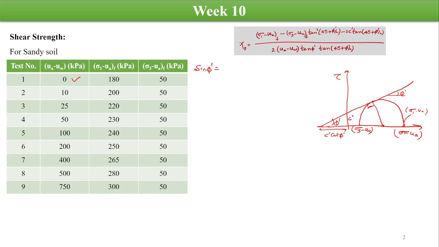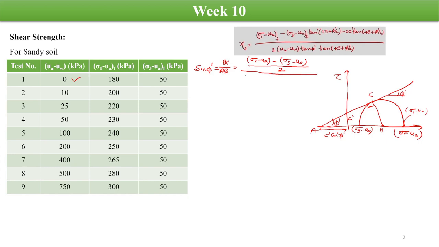If this triangle is ABC, then sine phi dash will be BC divided by AB. How can we write BC? BC will be sigma 1 minus u_a minus sigma 3 minus u_a divided by 2, the radius of the circle.